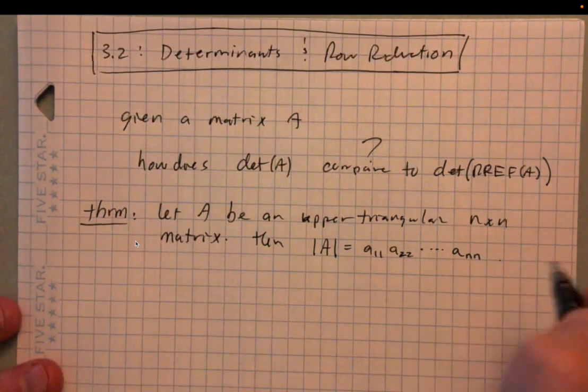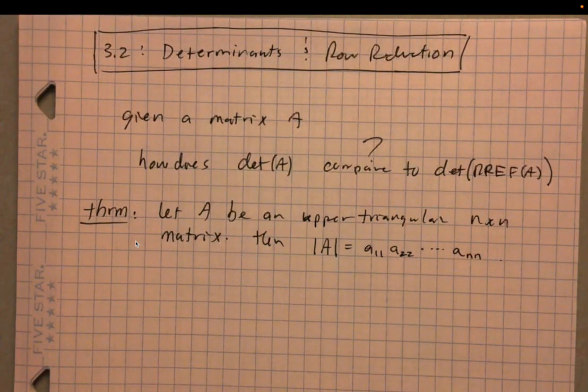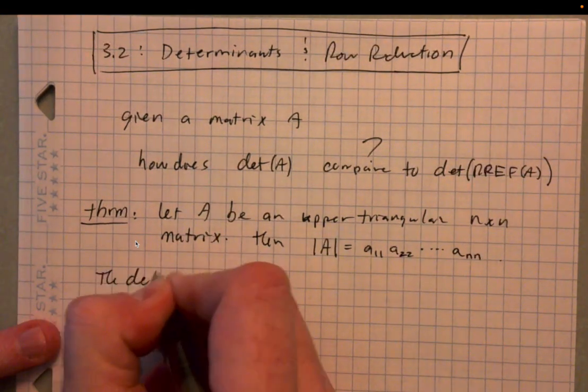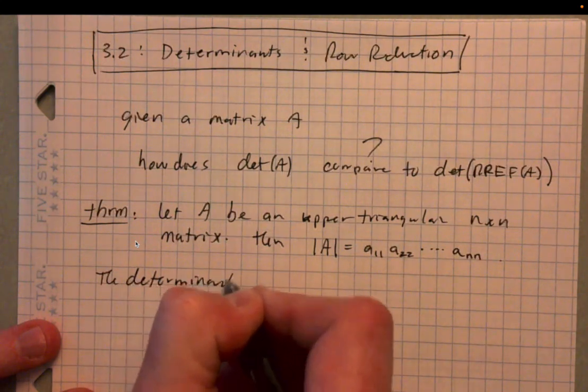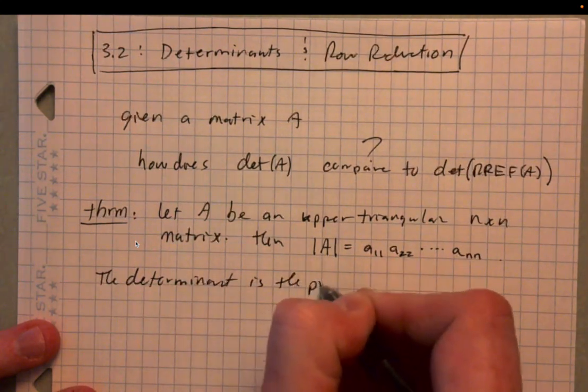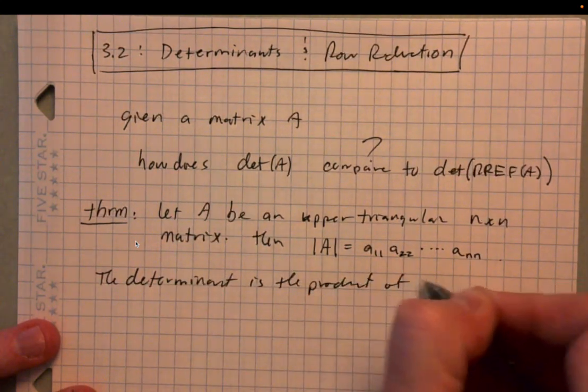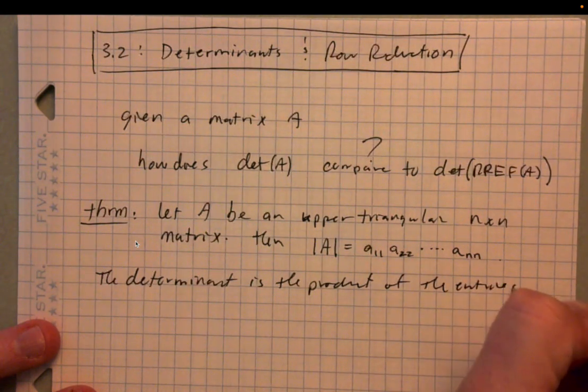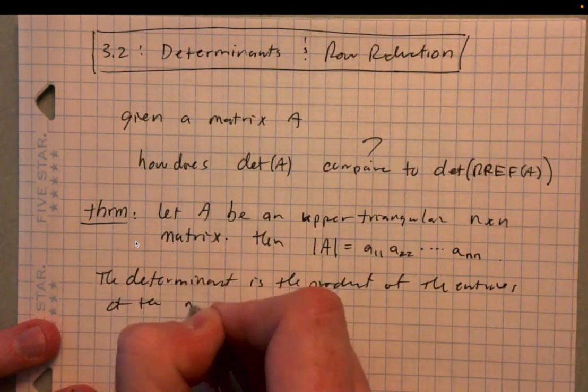So the determinant of an upper triangular matrix is essentially the product of the entries of the main diagonal.